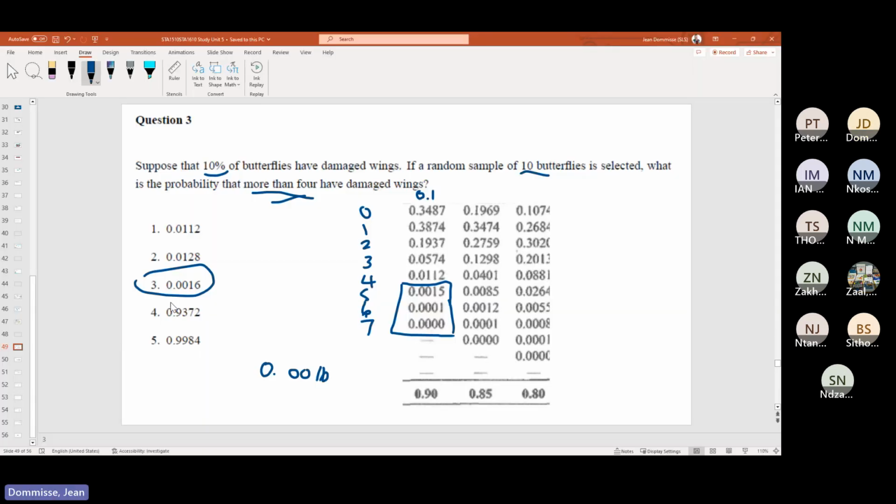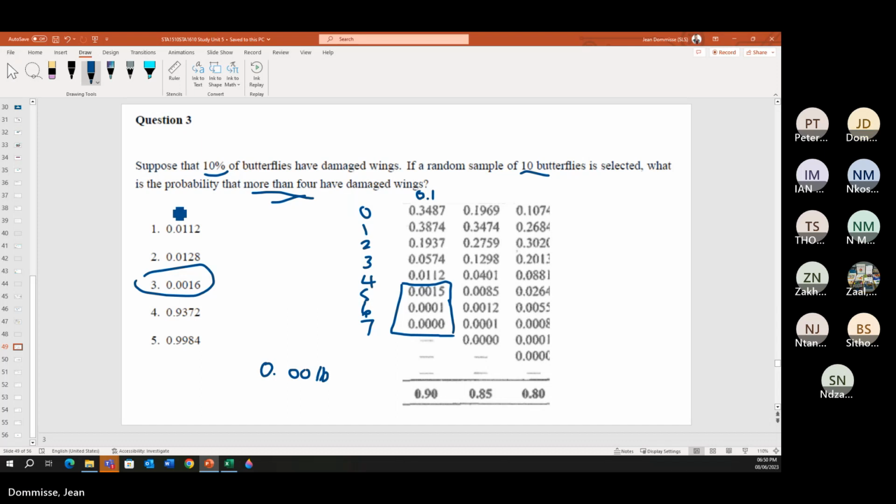Okay, so now again, let's just read it again. What is the probability that more than 4? So more than 4, not including 4, is 5, 6, 7, 8, 9, or 10. In this instance, those probabilities of 8, 9, and 10 are so small, they don't even give it to us. So we only then need to add the probability of 5, 6, and 7.